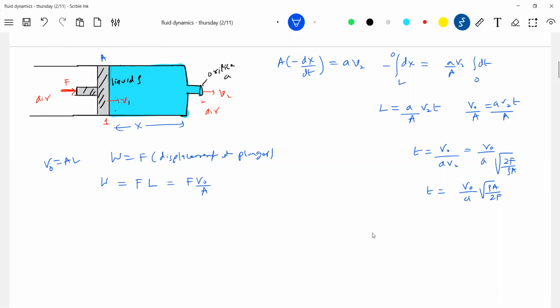Okay, I'll just leave it here. That's the work done. If you want to replace F, so F is equal to rho A V naught by 2 a T square. Substitute that here. So rho V naught square by 2 a T square. Okay, this much work has to be done.